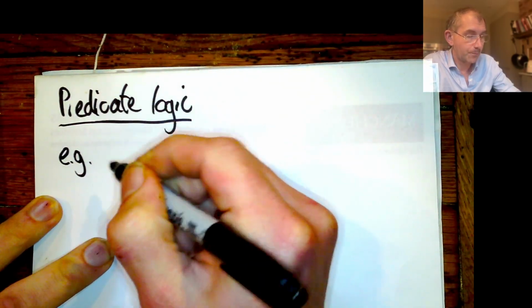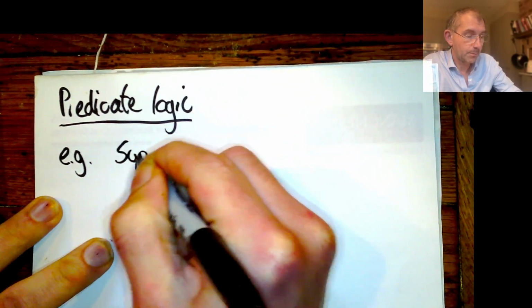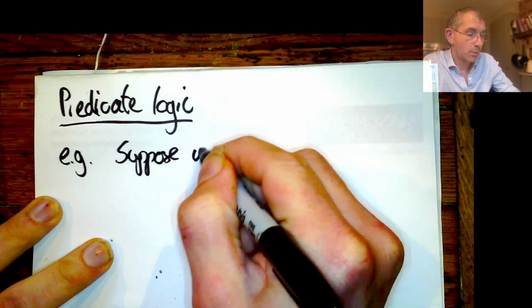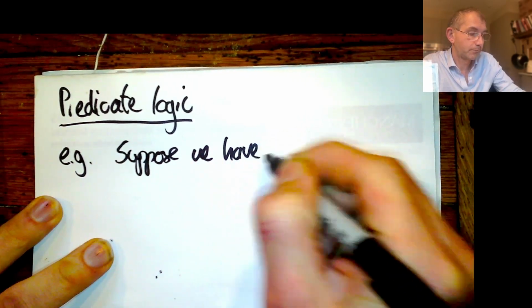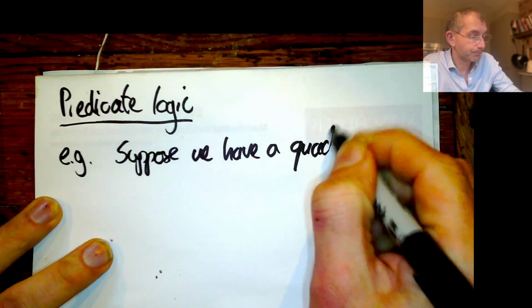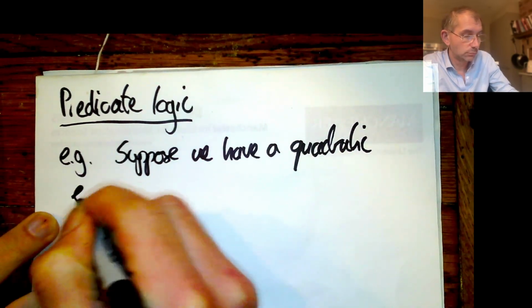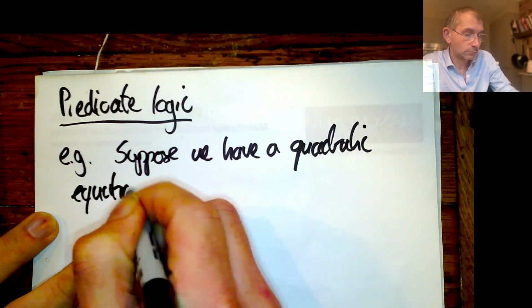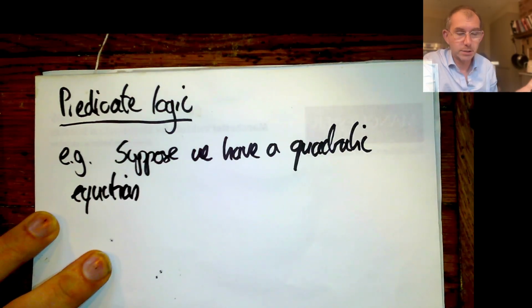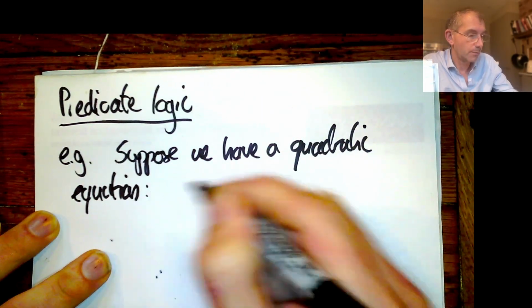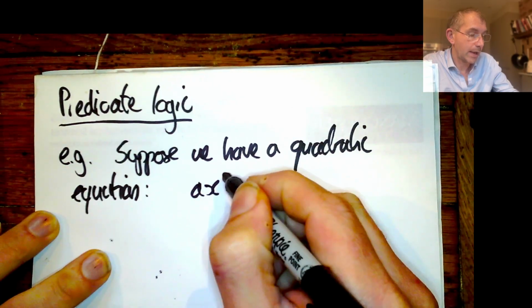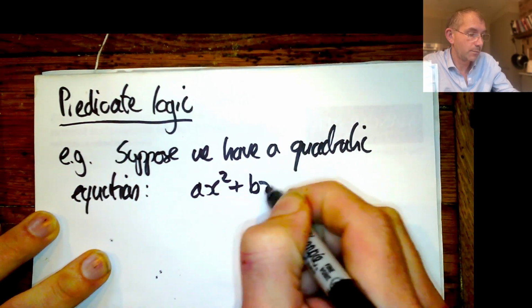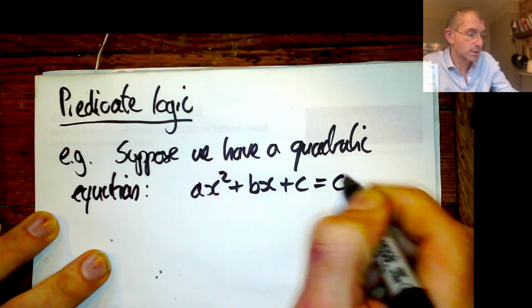So suppose we have a quadratic equation, and it will be a general quadratic equation. I won't tell you what the exact coefficients are, I'll just write the general form of it. So it's going to look like ax squared plus bx plus c equals 0.